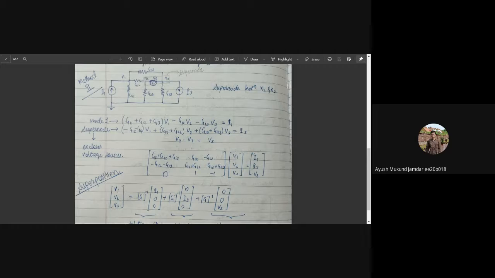For node 1, we just saw how the equation goes. Let's write for the super node, that is, the current going into the super node and coming out of the super node, the algebraic sum should be 0.